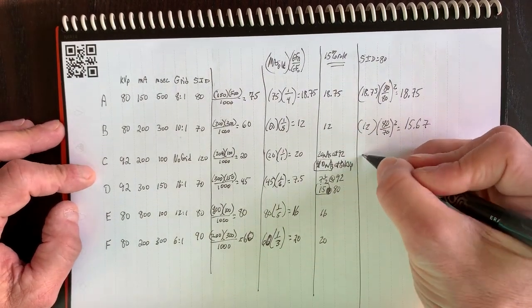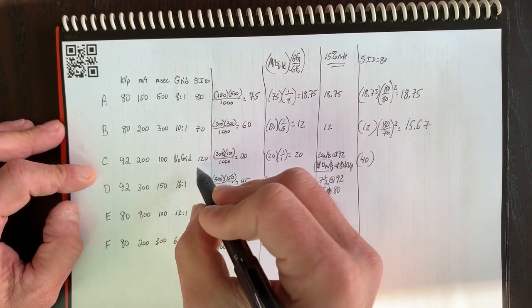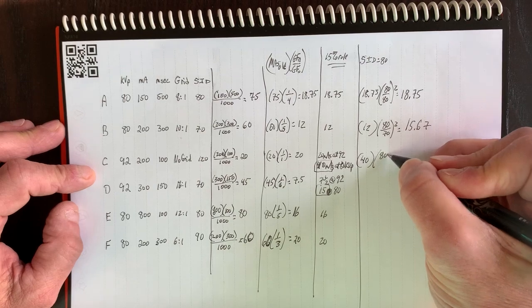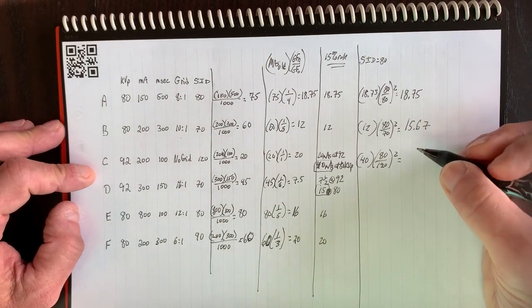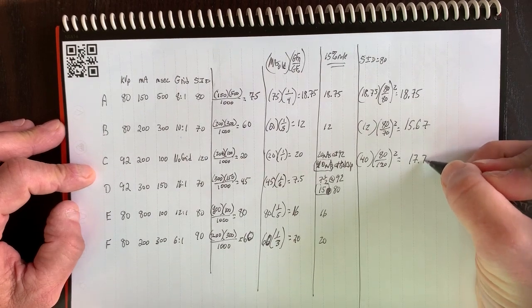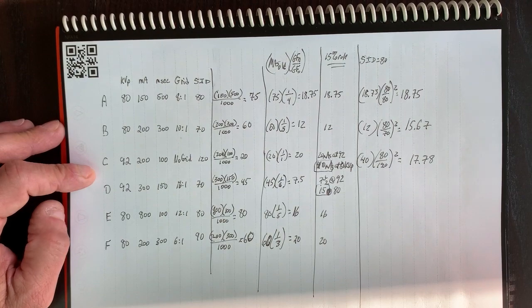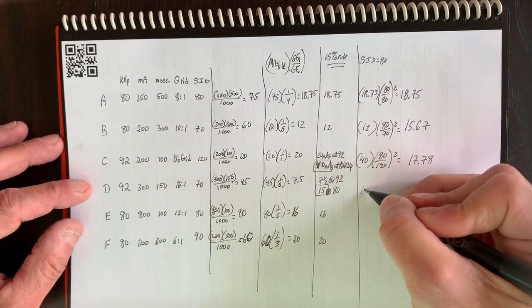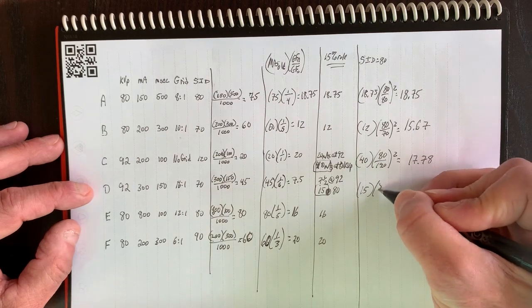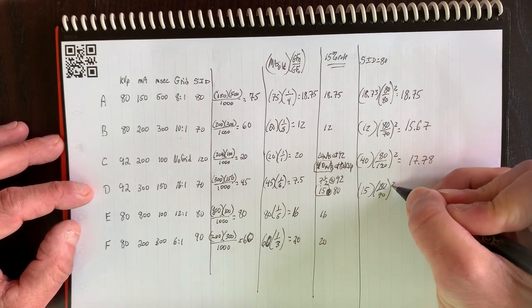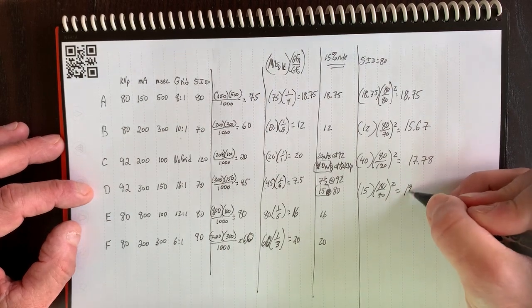Here I've got 40 mAs, and it was at an SID of 120, so 80 over 120 squared is going to result in 17.78. Here I've got 15 mAs, and that was at an SID of 70, so I'll put 80 over 70 squared, so that would result in 19.6.